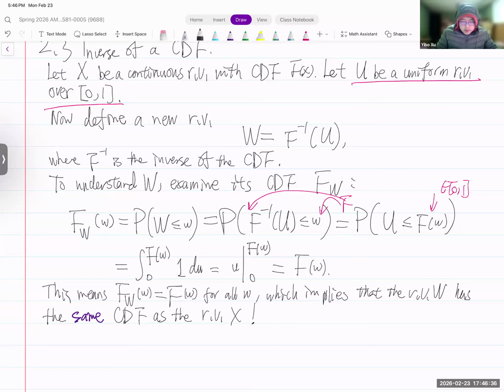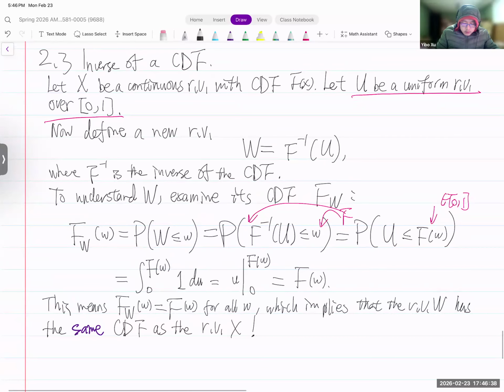So this means what? This means, sometimes your random variable X can be complicated, right? But as long as you know your F inverse, you'll be able to generate your random variable using this composition. The uniform random variable is easy, right?